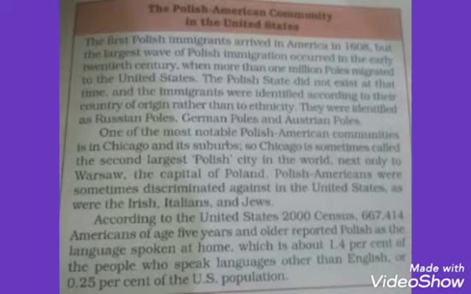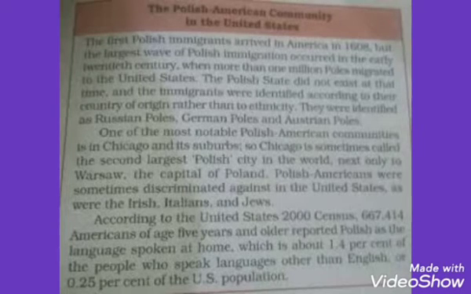So in this, it is given that in 1608 there were people from Poland who migrated to America, but the largest number of the Poles immigrated to America in the early 20th century. Around a million Poles migrated.